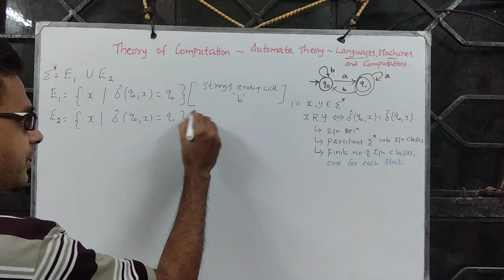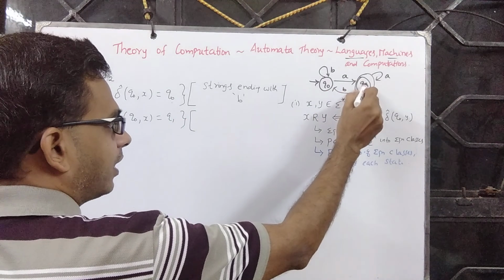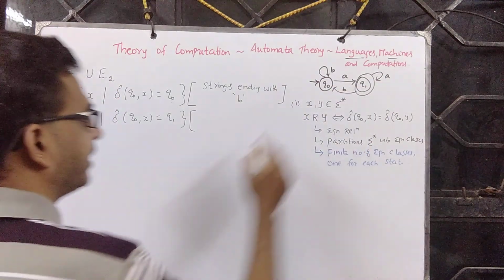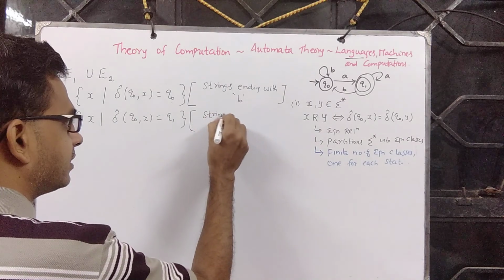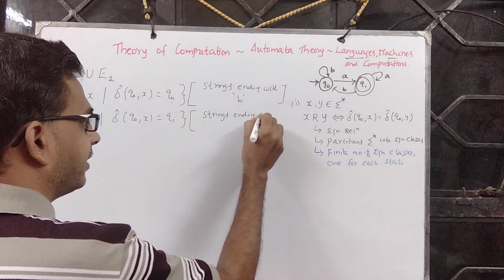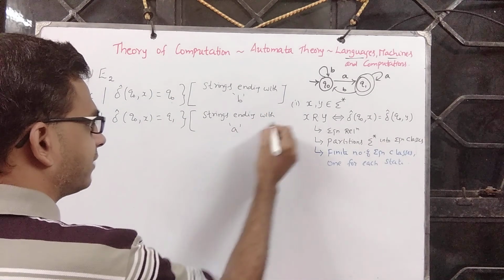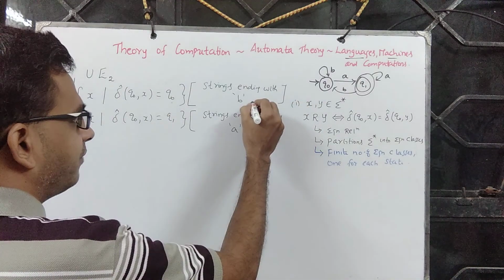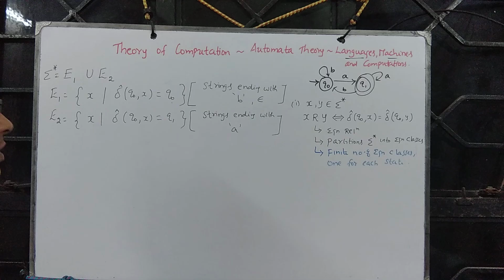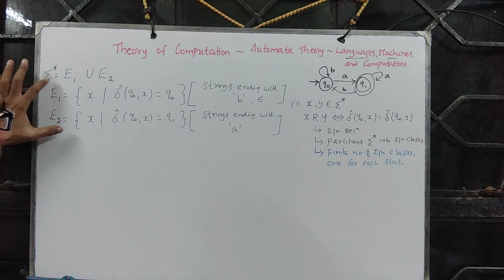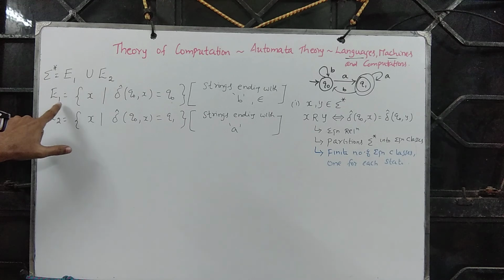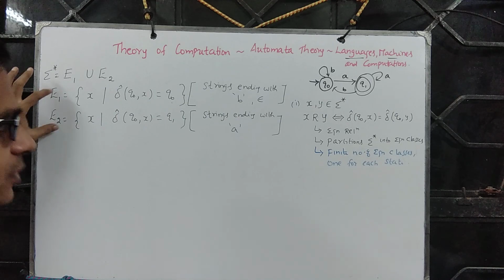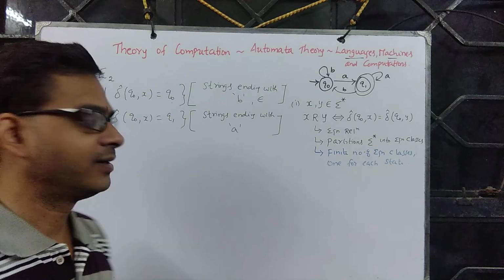And suppose the output state is q1, which means you read an a or a couple more a's, then read b, couple more b's, again read a, which means all those strings ending with a are precisely part of this. And with respect to q0, even epsilon will be there. So now sigma star, every element is present in E1 or E2, and there is no element which is present in both, which means it's clearly a partition. Correct?